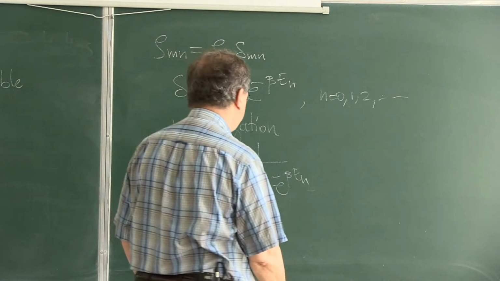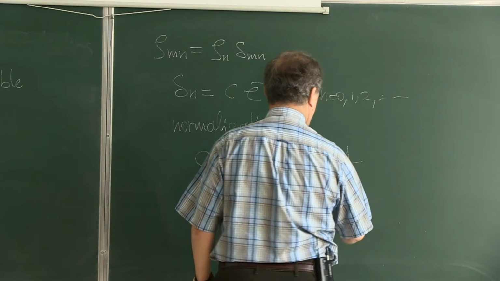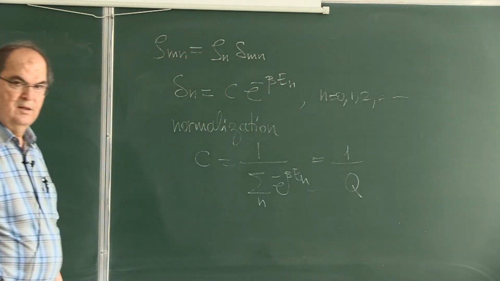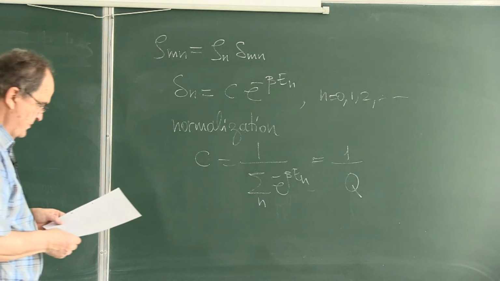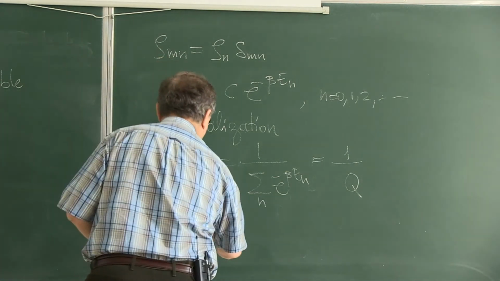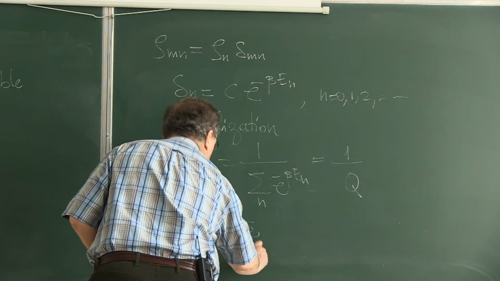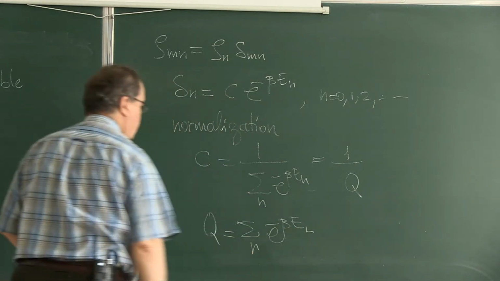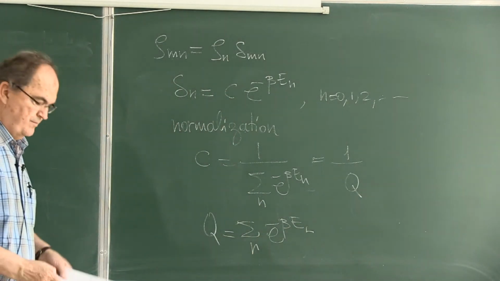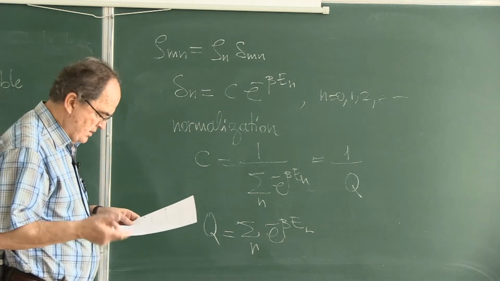This is the canonical partition function, you remember, Q, not the curly one. The partition function is nothing but the sum over all possible states. N or R is the same thing, doesn't matter.